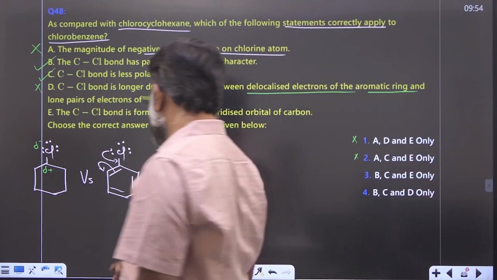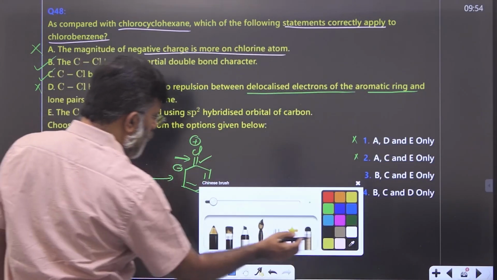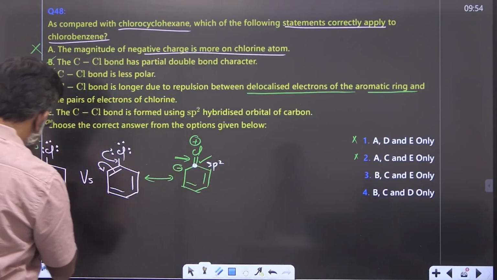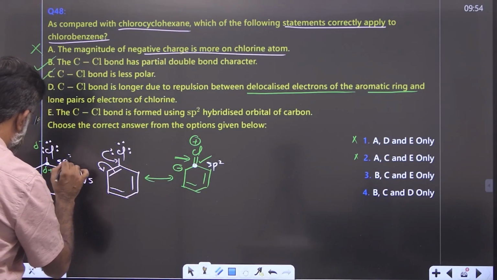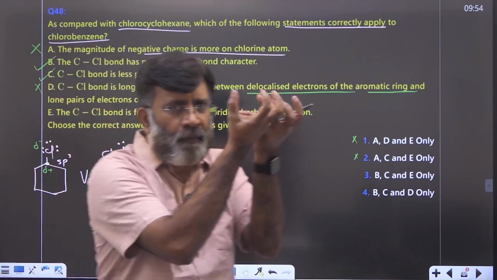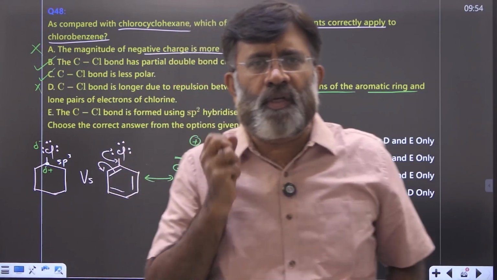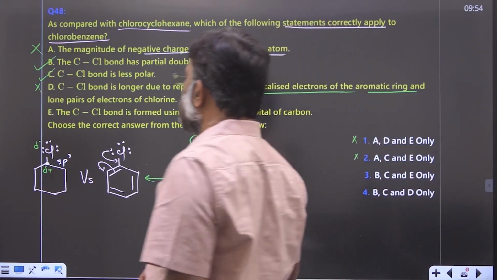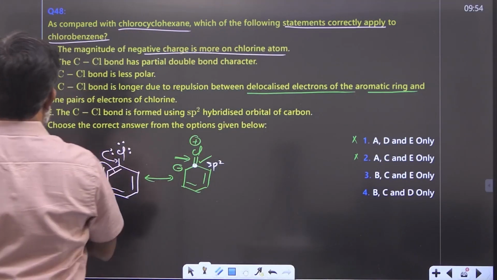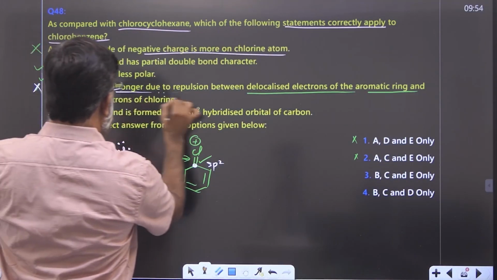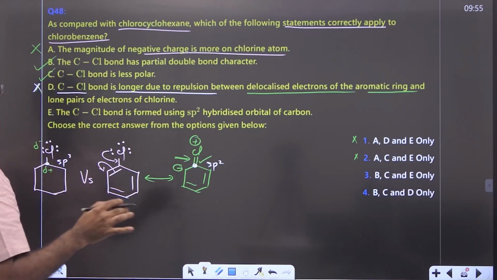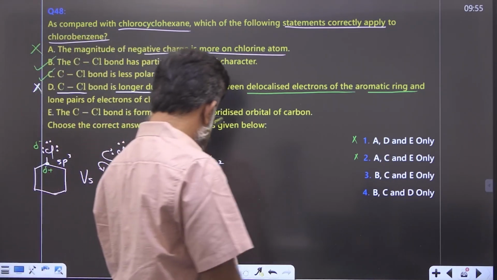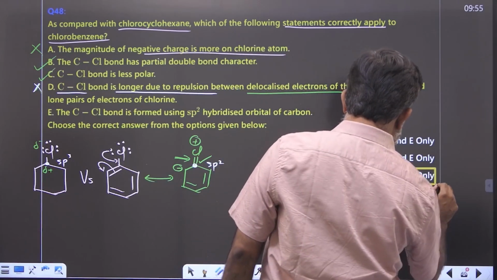Two, this is an sp2 carbon and that is an sp3 carbon. An sp2 carbon pulls the electron density towards it more and the bond length decreases. So option D is wrong. It is shorter. And we get the answer.